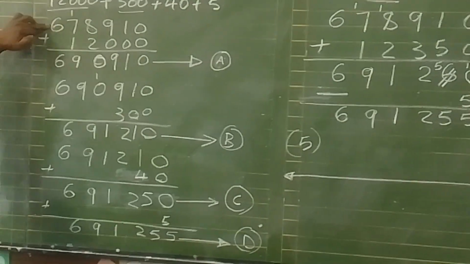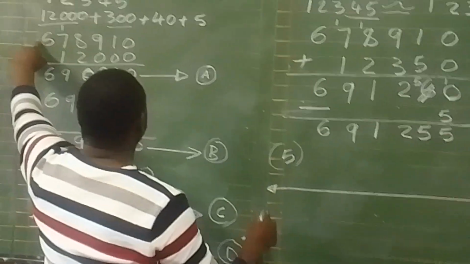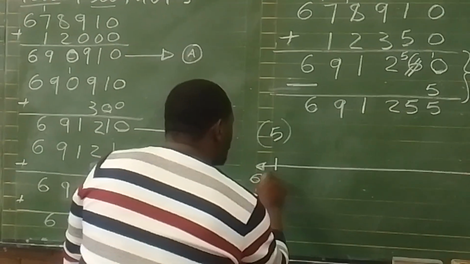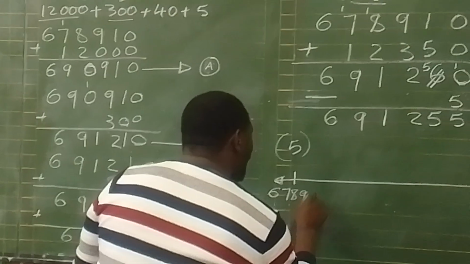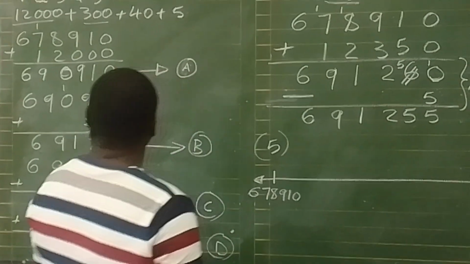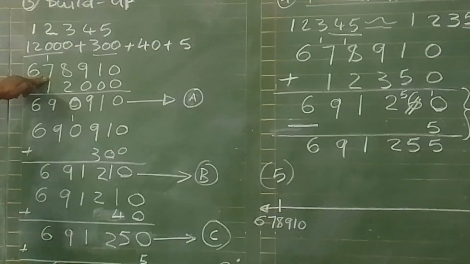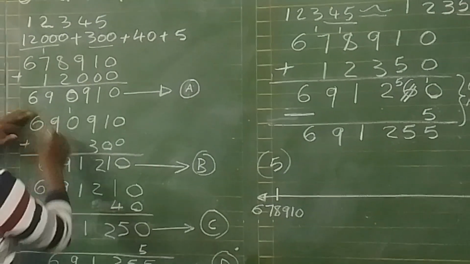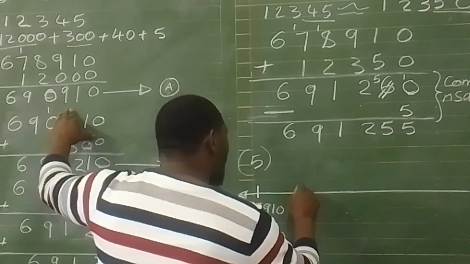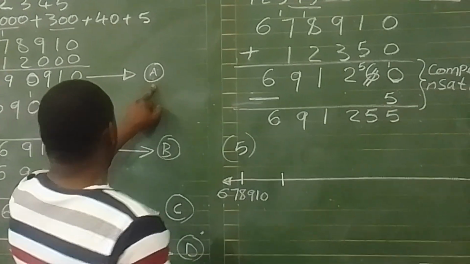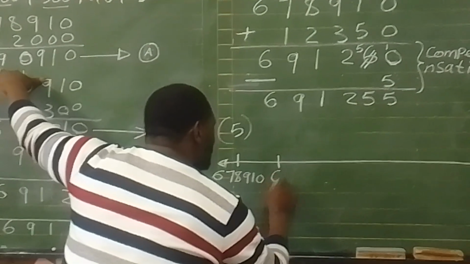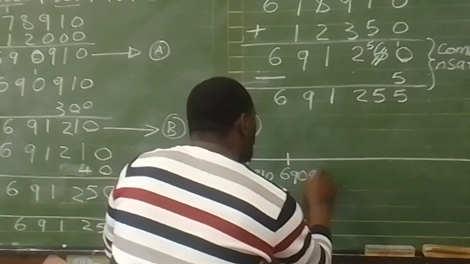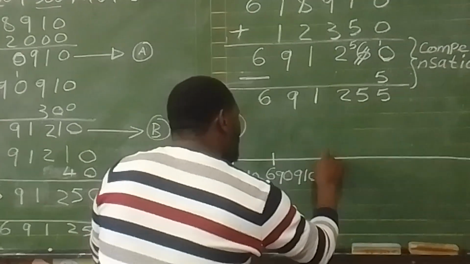691, from, we started with what? With 6, 7, 8, 9, 10. We started here. From there, we came to 69091. This is the A. We use this A number, 69091.